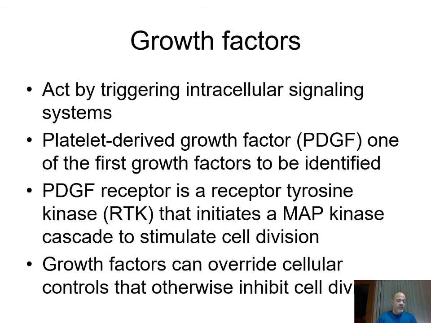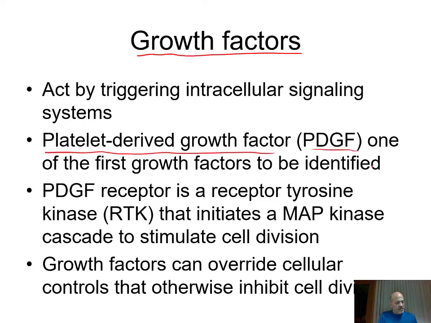Okay, so when we look at external cues, signaling in a multicellular organism, those are generally called growth factors. There are many kinds of growth factors. The first kind of growth factor that is going to trigger the cell to progress through the cell cycle is called platelet-derived growth factor, or PDGF.